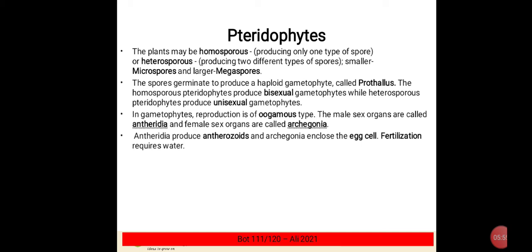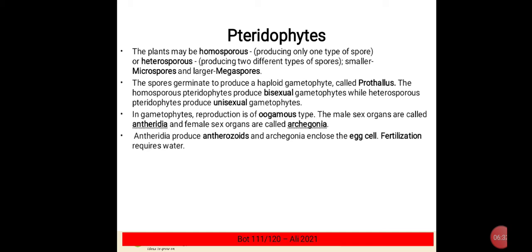Now, we can relate antheridia to testes in men. As testes produce sperms, the antheridia also produce gametes. We call them the antherozoids. Are we together? Those antherozoids are the sexual gametes produced by the antheridia, and the antheridia are the male sex organs of the gametophyte.